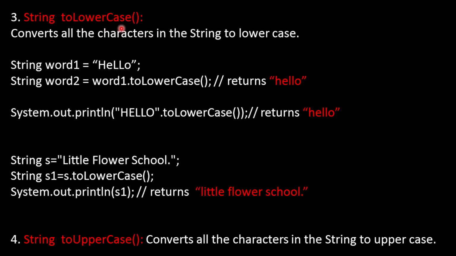Now see here, in toLowerCase, TO is written in lowercase, and the L is an uppercase letter and this C is uppercase. This is very important. L and C are both in uppercase. All the functions are case sensitive, so remember how to use these functions. Now let us see what it is used for: it converts all the characters in the string to lowercase.